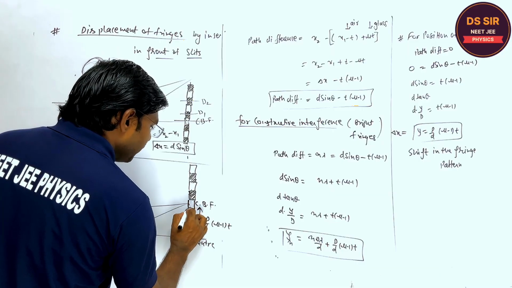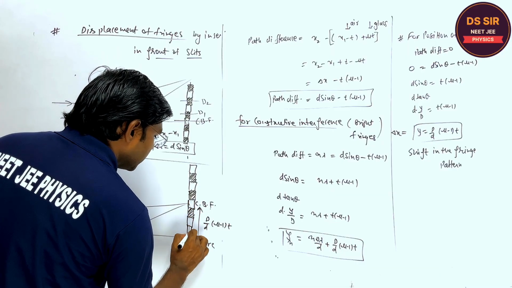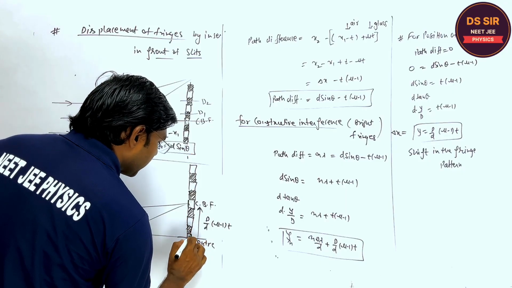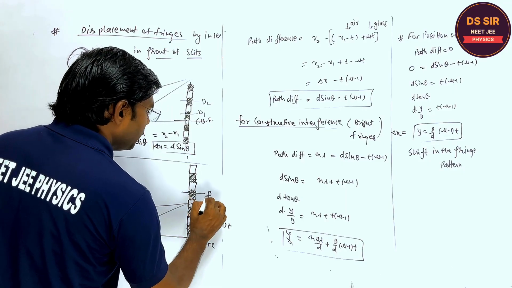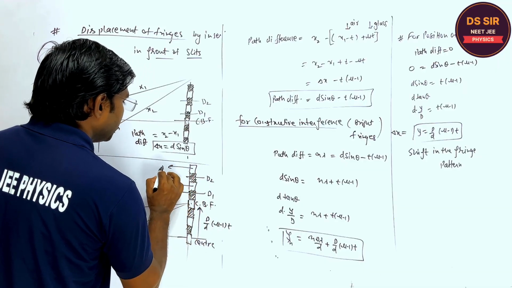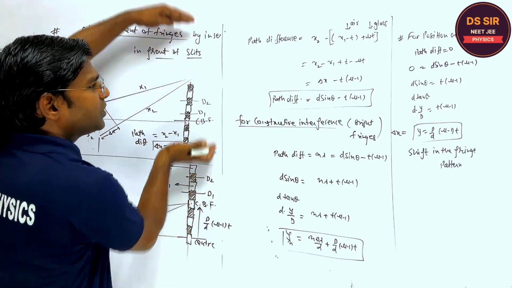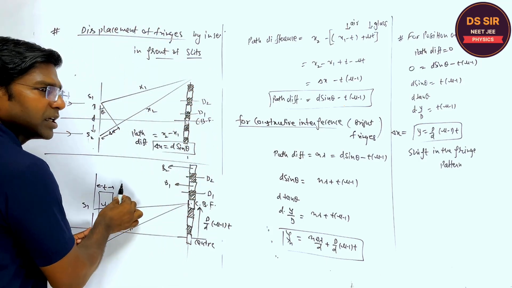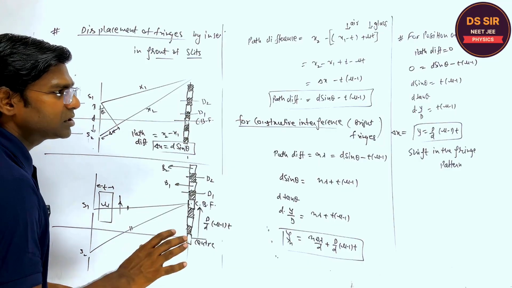This is dark, this is bright, this is dark, this is bright, like this. So this is the central bright fringe. Now it becomes d1, d2, b1, b2. Do you understand or not? So all the fringe pattern is shifted in the same direction as the glass slab is placed.